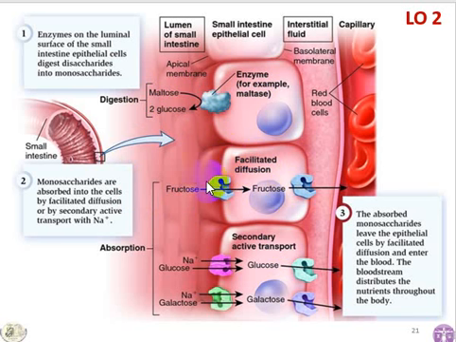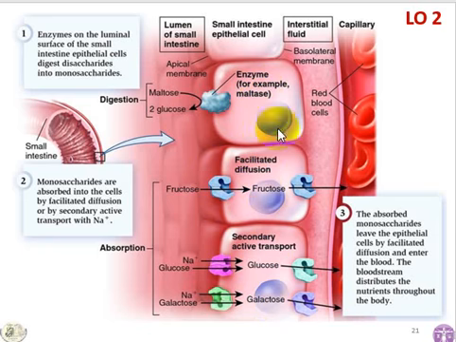In facilitated diffusion, we use a certain type of transporter, which is called glucose transporter 5. Then glucose, fructose, and galactose are now present in the intestinal epithelium.